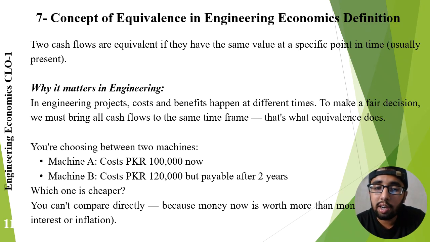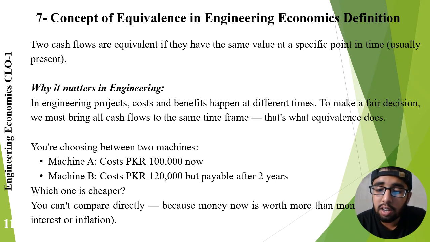Now the seventh slide of my CLO1, concept of equivalence in ECM. Two cash flow patterns are considered equivalent if they have the same value at a specific point in time. Although two alternatives may be different on a timeline, they may be equivalent after discounting. In project management, different investment options often have different payment schedules.